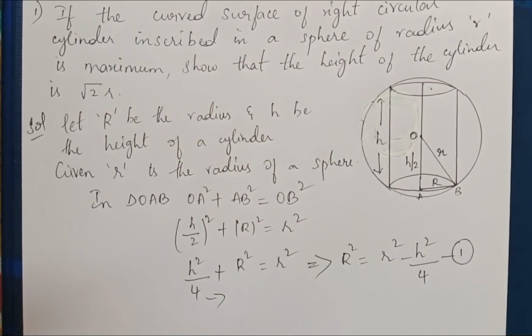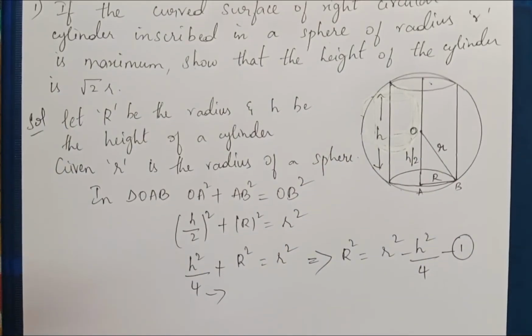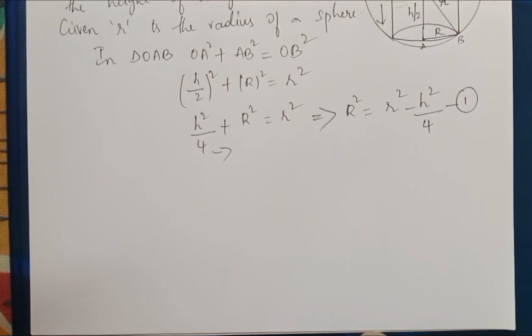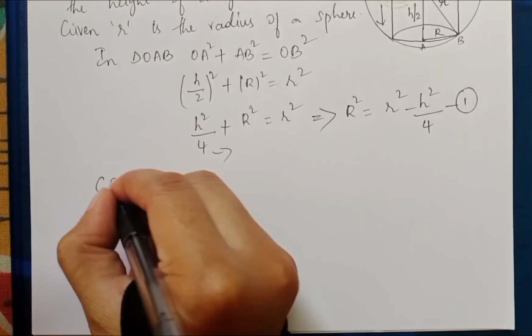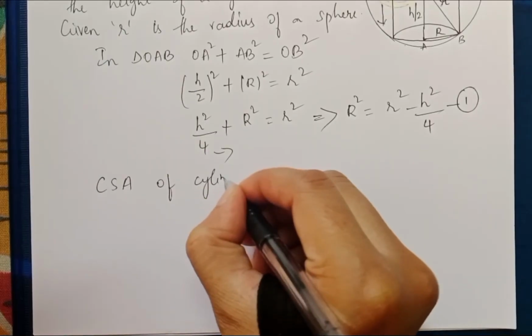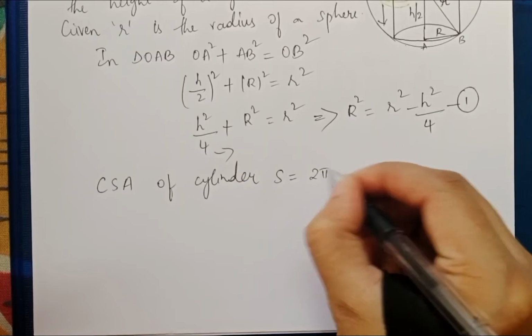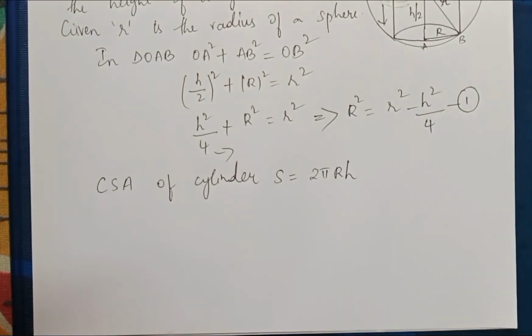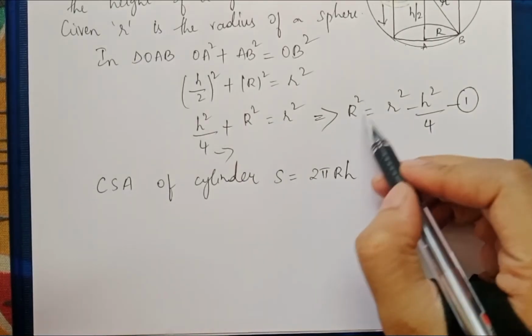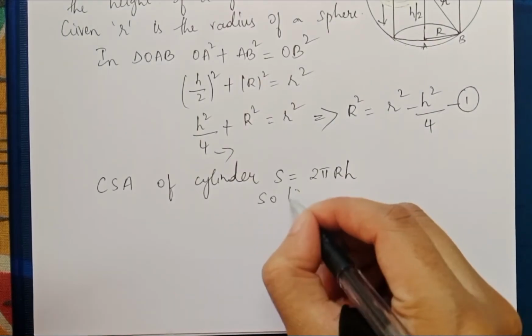Now it is given that the curved surface area of the cylinder is maximum. So we write the formula of the curved surface area of a cylinder: S is equal to 2 pi R h. Now we have the value of R square, so we square this equation on both sides.